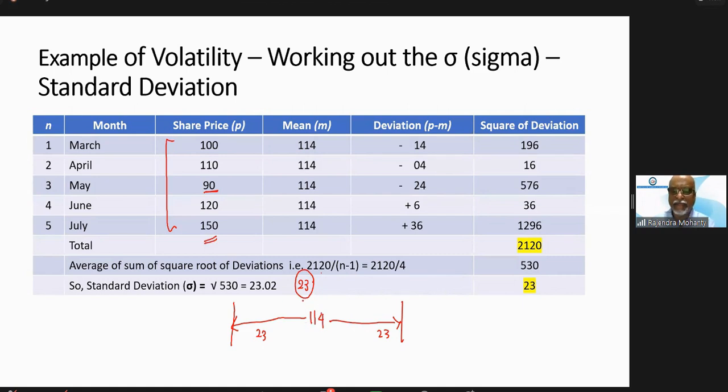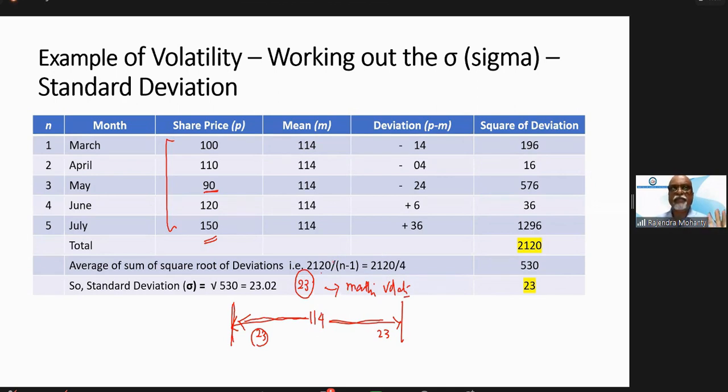The volatility boundary is 23. It might not be exactly 23 for every result, since 90 was the least and 150 was the highest. But to get the approximate range, we can say that 23 is the amount by which the share price has deviated towards the lower end and also gone up, from March to July.